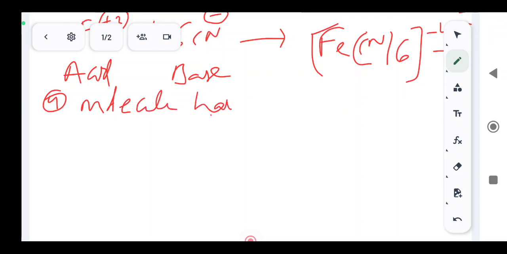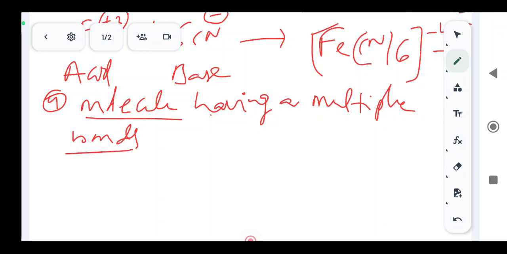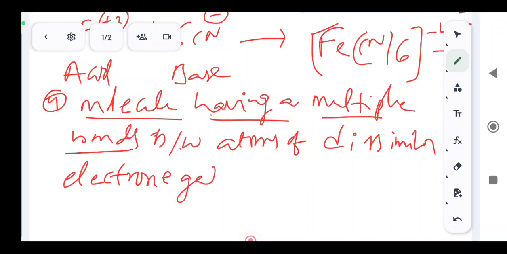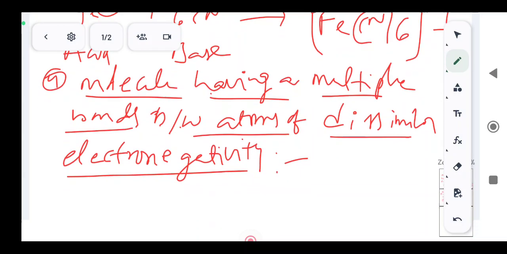Molecules having multiple bonds between atoms of dissimilar electronegativity, so not the same electronegativity.